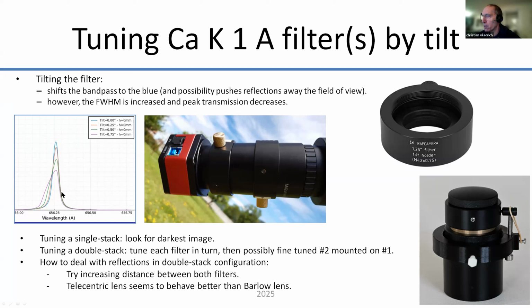And when the filter tilt increases, you can see that the profile is dissymmetrical and the width of the bandpass increases. So basically, tilting the filter is a very good option, but you have to avoid tilting the filter too much.